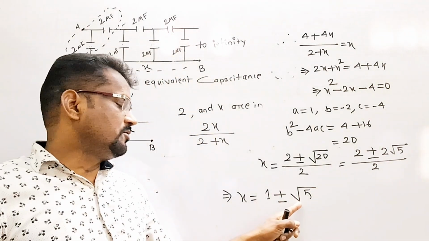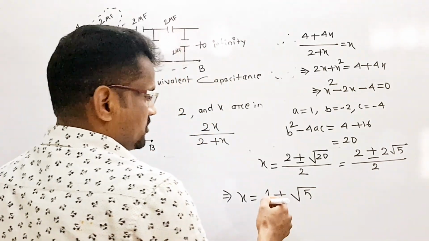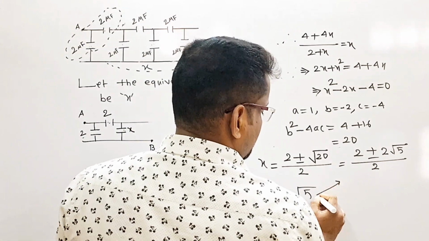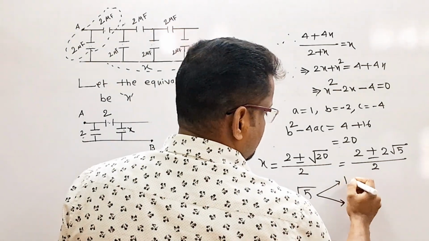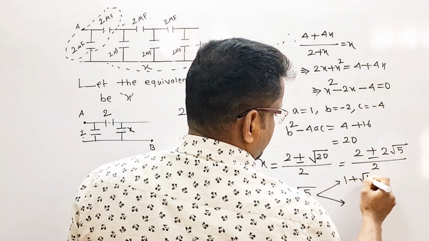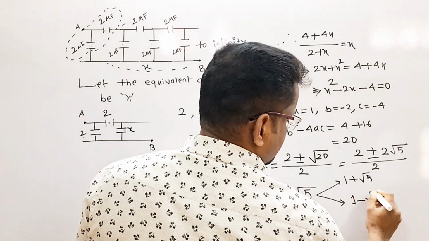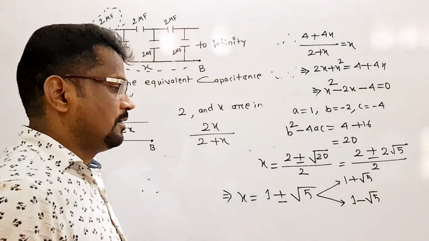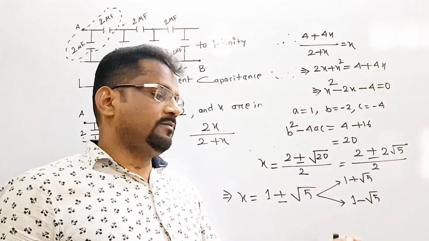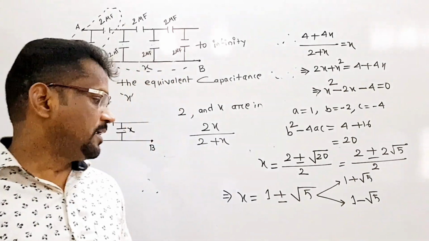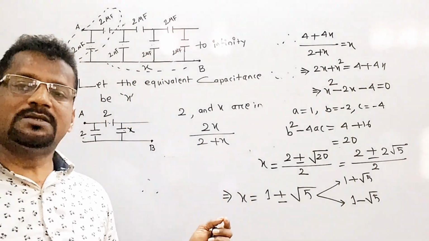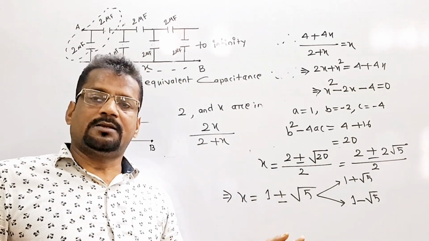It's very much clear, root 5 is greater than 1, that means 2 roots you get from here. One is 1 plus root 5, other is 1 minus root 5. 1 minus root 5 will give you a negative value, and X is the equivalent capacitance of the entire circuit.